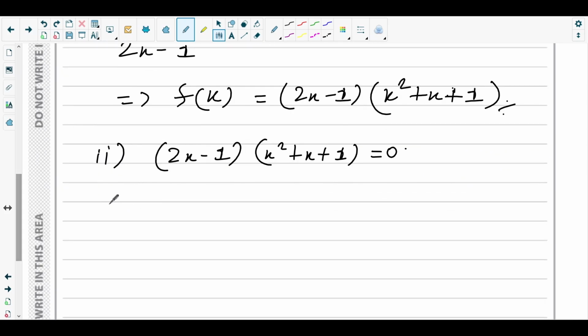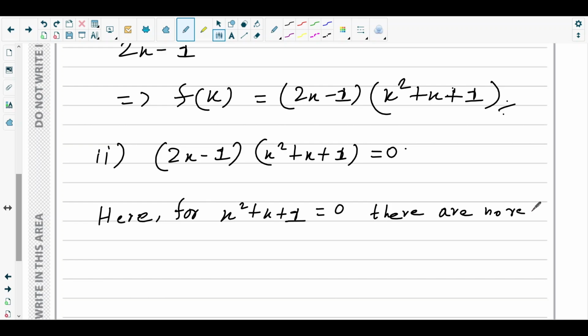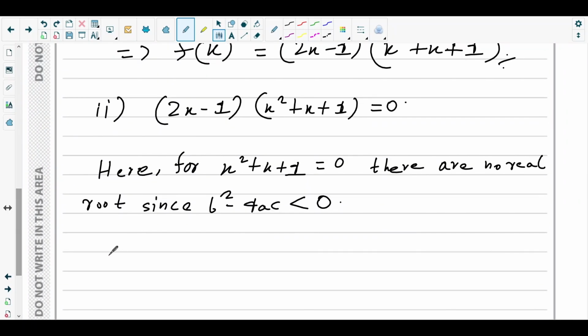So for x squared plus x plus 1 equals 0, there are no real roots, since b squared minus 4ac is less than 0 for this quadratic factor.